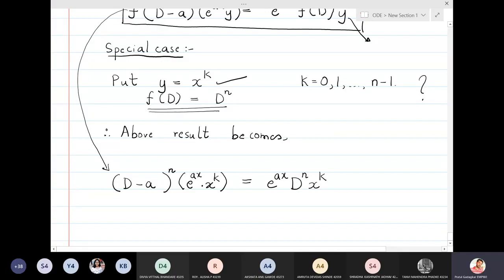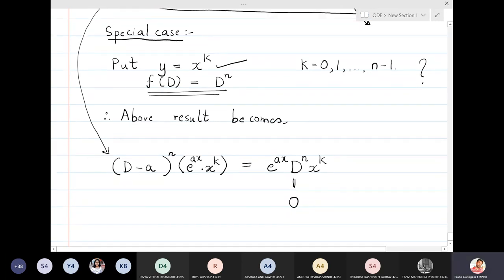Now the right hand side is actually what? Right hand side is actually 0. Why is it 0? Because e raised to ax into what is the nth derivative of x raised to k? What is k? k is between 0 and n minus 1. So k is less than n.